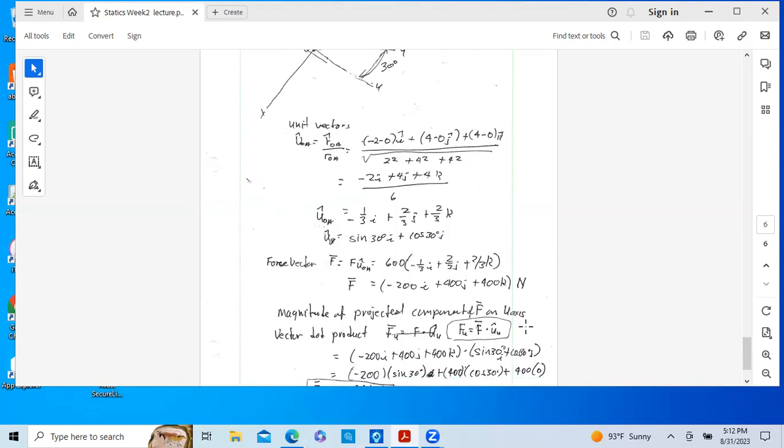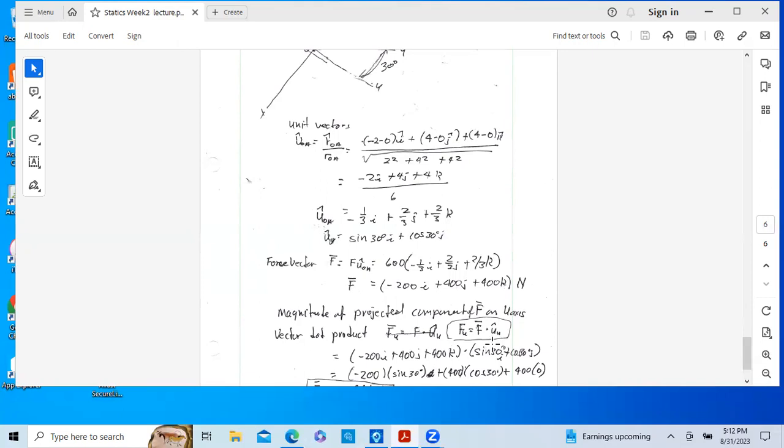So the magnitude of the projected component is the dot product. So this magnitude is F dot the unit vector of U, so u sub U. So we already determined F, which is this quantity here.